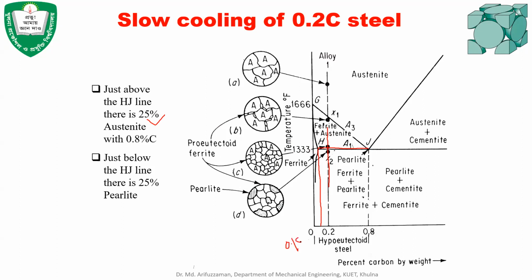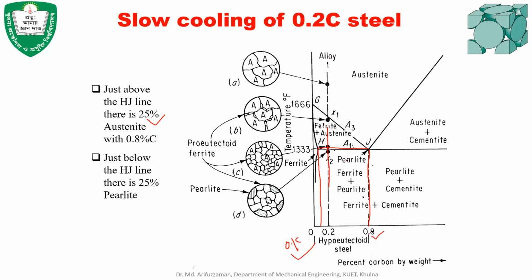This point indicates 0.8% carbon. So the ferrite that has been produced will have 0.1% carbon composition, and the austenite that is remaining will have a chemical composition of 0.8% carbon.